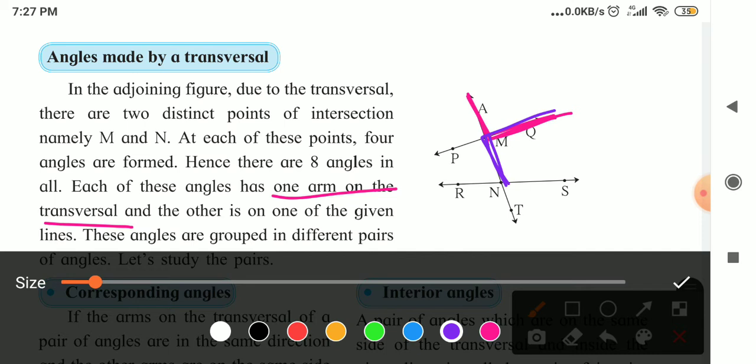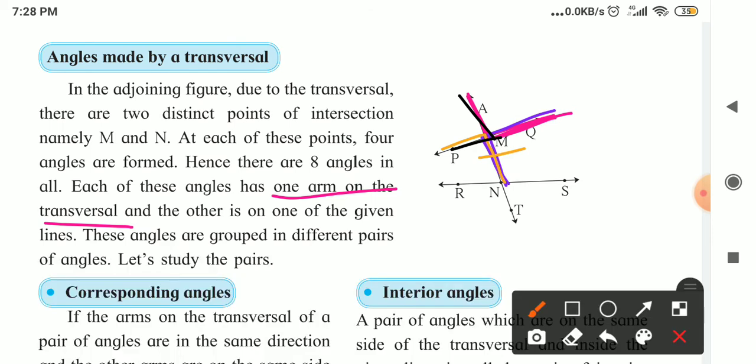If I consider angle NMP, you will notice that one arm is on the transversal. And if you consider the angle PMA, here also you will notice that for each angle, one arm is on the transversal.